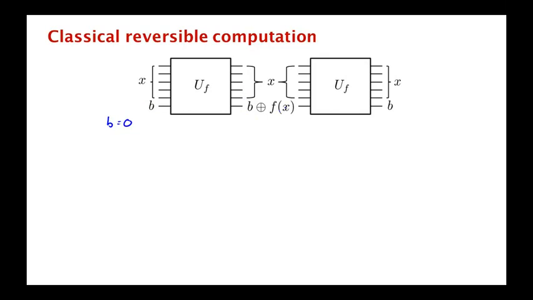And maybe what it does is it XORs b with f of x. So it takes the sum mod 2 of the two. So it flips b if and only if f of x equals 1. And now, if you were to compute U sub f again, this would undo everything and it would restore the state of this output bit. Okay, so this is what we want to do ideally.